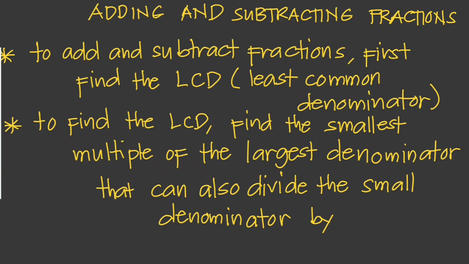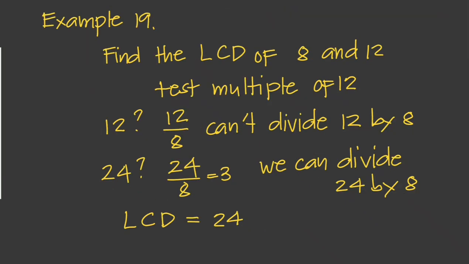One way is to find the smallest multiple of the largest denominator that you can also divide the smaller denominator by. For example, let's try to find the LCD of 8 and 12. So we test multiples of 12 here.